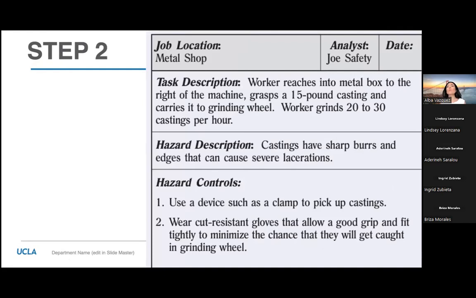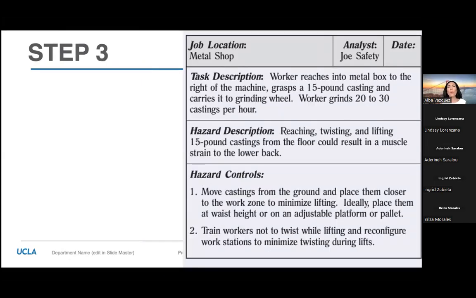Worker reaches into metal box to the right of machine, grasps it, same as the previous one. The hazard description: castings have sharp burrs and edges that can cause severe lacerations. Hazard controls: use a device such as a clamp to pick up castings. So you can see someone already did the brainstorming to come up with some solutions for those problems.